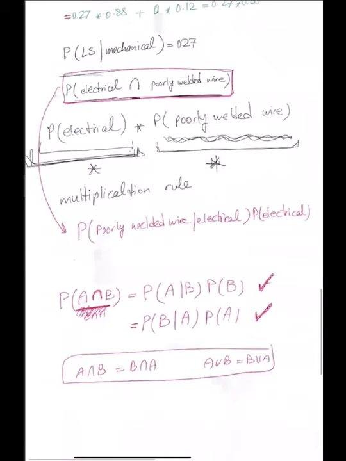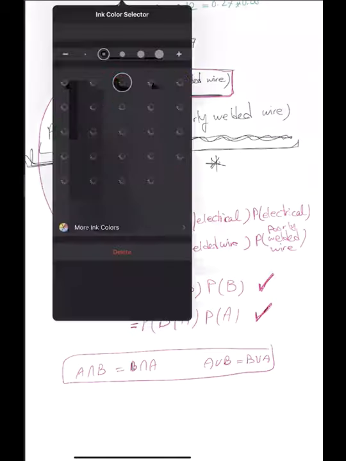Probability of electrical conditioned on poorly welded wire, times probability of poorly welded wire.